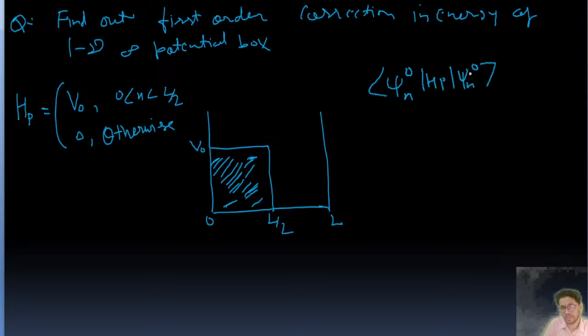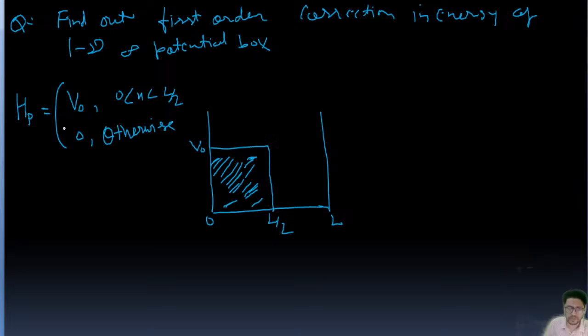Ground state wave function, and we can find it out. But here I will tell you the trick. Very simple. So we need to find out the first order correction in this ground state, in the energy of 1D infinite potential box for this one, right?